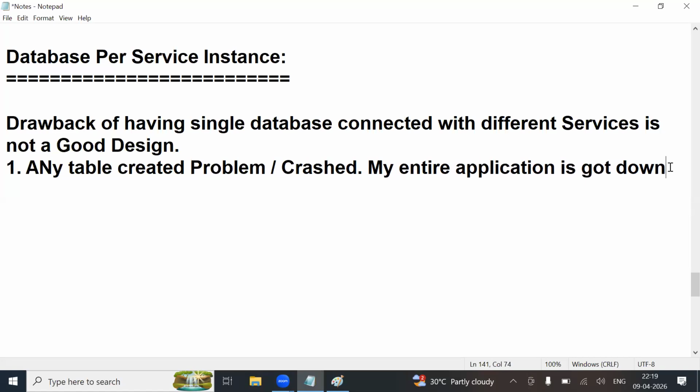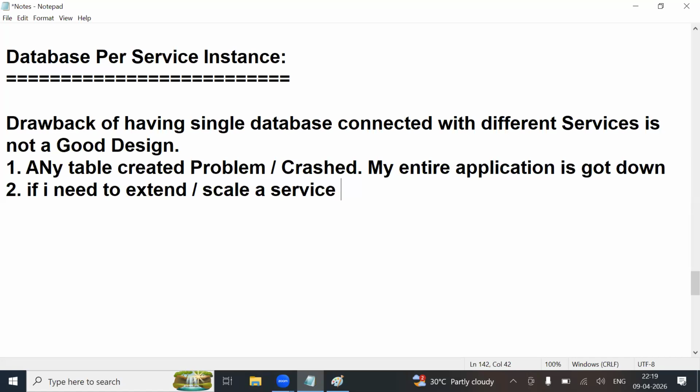Second point, if I need to extend or scale a service, is having a single database with different services the right option? Based on our discussion day before yesterday, compared to the user service, product service, and dispatcher service, the order service has more traffic.